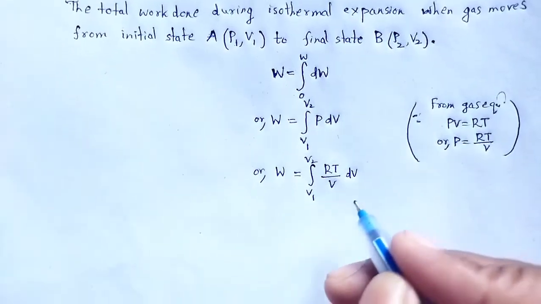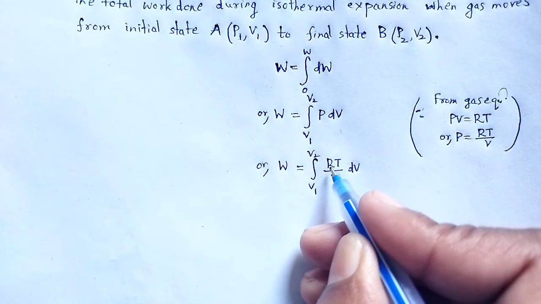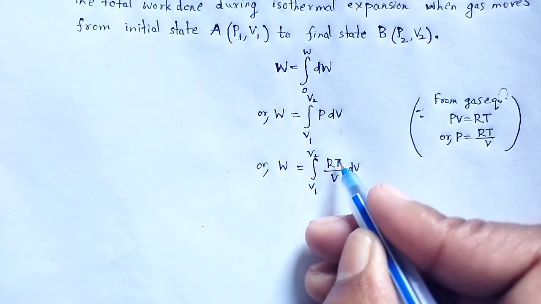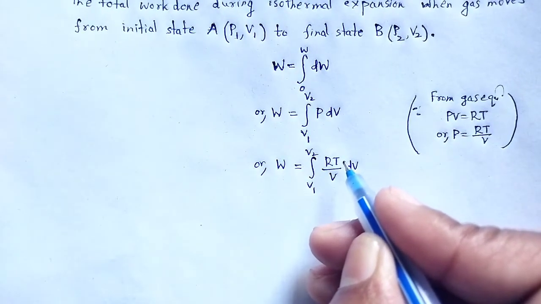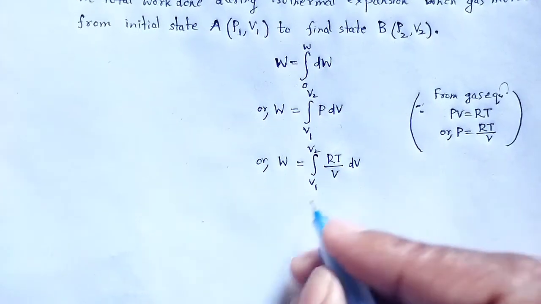R is the universal gas constant. Here, since we consider an isothermal process, T is constant, so RT goes outside.